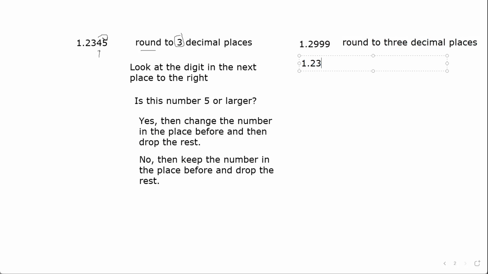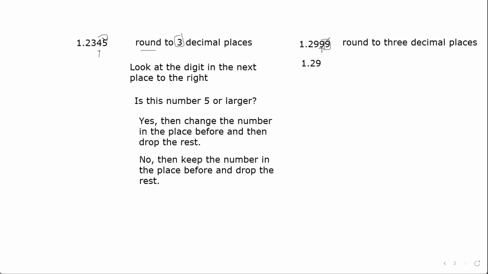Now, my question here is, what happens here? I've got a bunch of 9s, right? So what's going to happen to this 9? I know I need a 9 here, but I've got a 9 behind it. I'm looking at this 9 here, that's where I want to round, but I have to look at this 9 behind me.